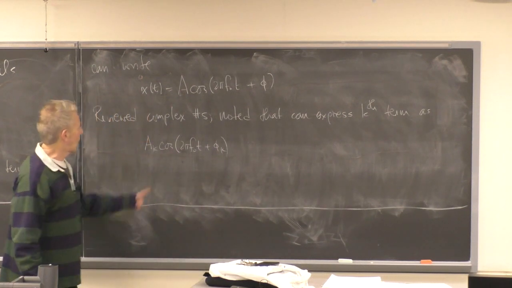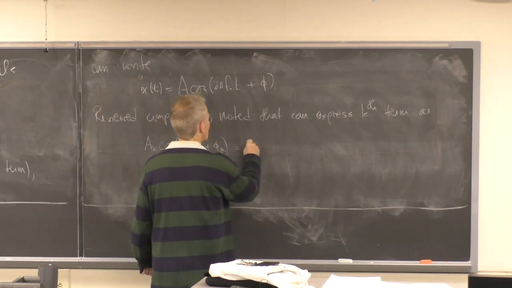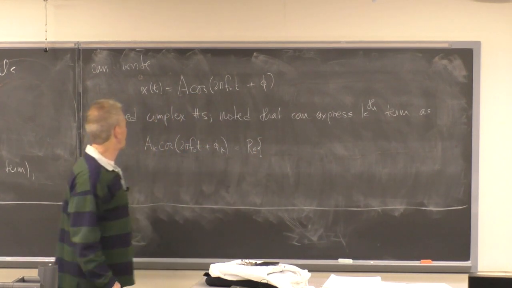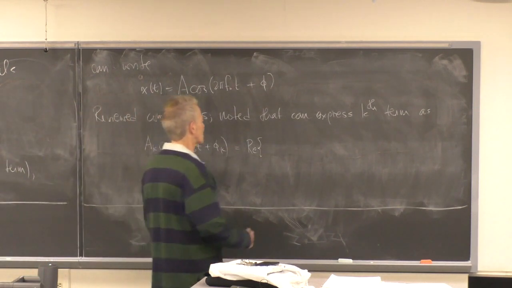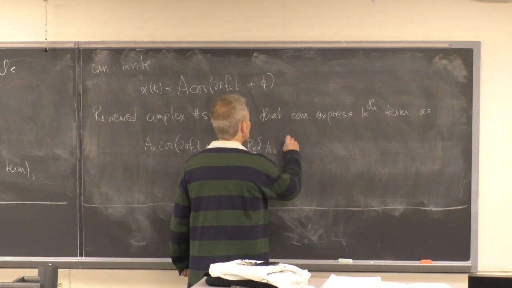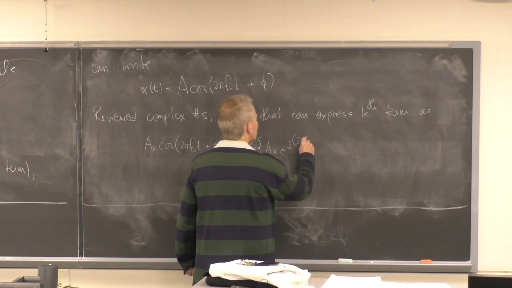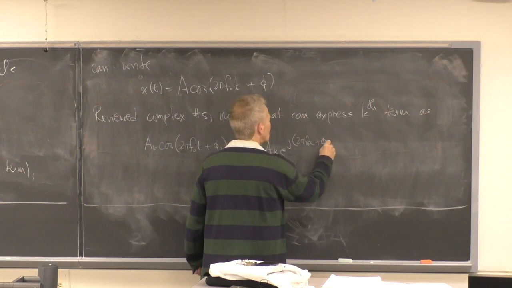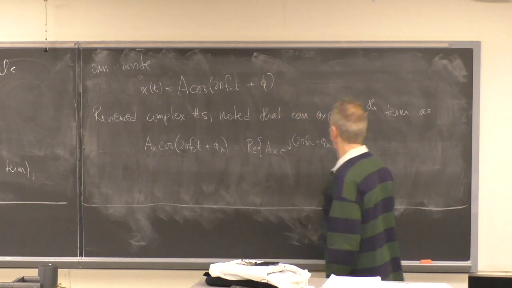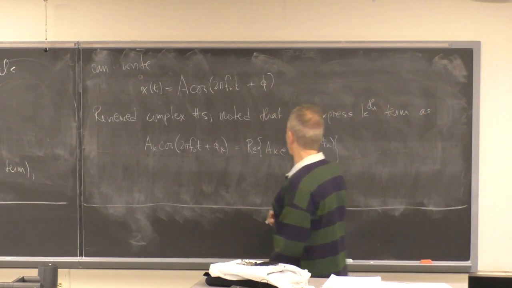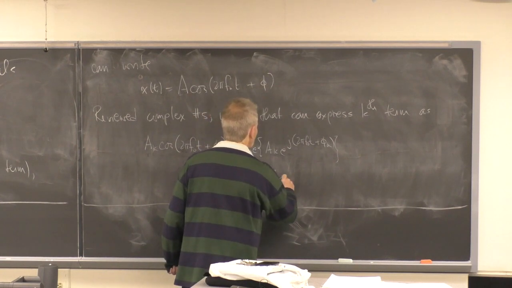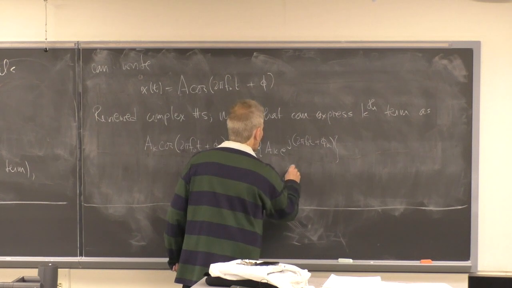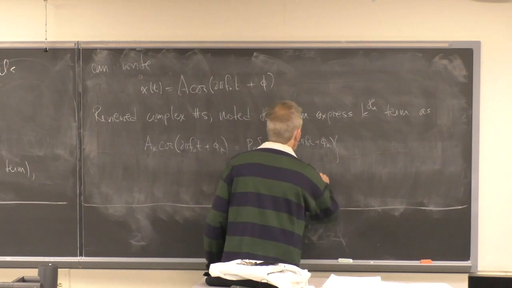We can write that as the real part of what? Well, because of Euler's formulas, from our review of complex numbers, this is the same as the real part of ak e to the j 2 pi f0t plus phi k. And if I factor the e to the j 2 pi f0t out of what's inside there, I get ak e to the j phi k times e to the j 2 pi f0t.